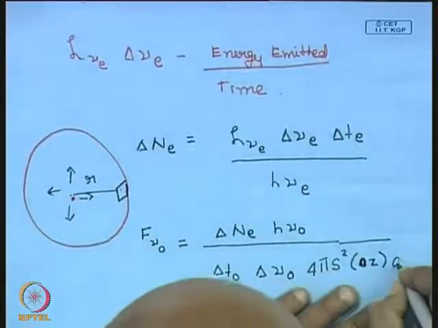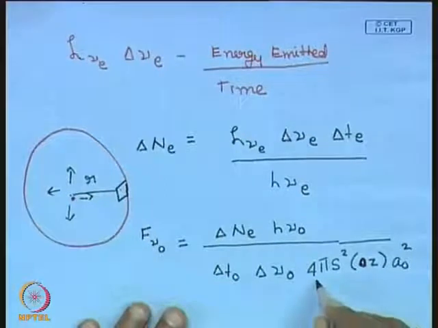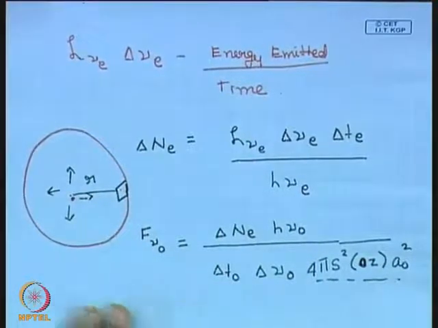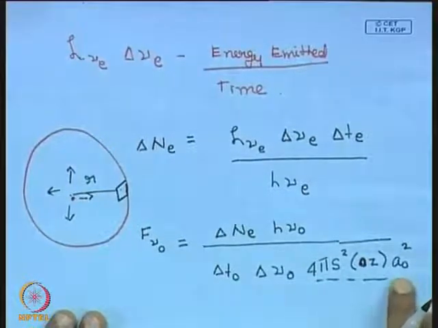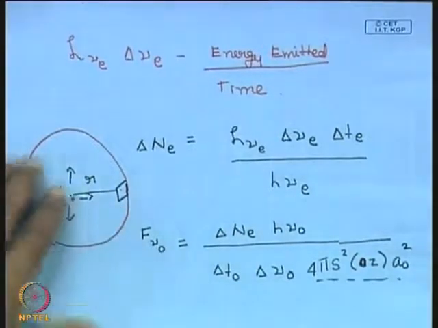Actually there should be an a naught squared here also. This is the area of the sphere at the instant when the observation is done, but a naught we have assumed to be 1 because the observer is at present. This will give us the flux in the interval delta nu.